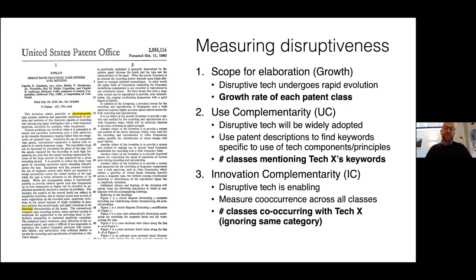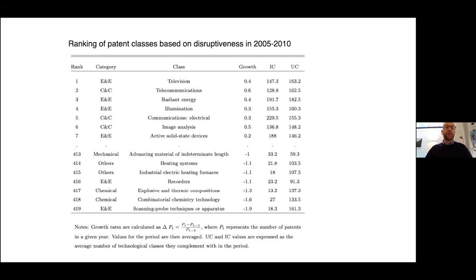And third, a disruptive technology should have high levels of innovation complementarity, meaning not just that it's used by other technologies, but that it enables innovations. Here we're measuring co-occurrence across patent classes. A class has high levels of innovation complementarity if lots of other classes outside of its category are co-classed with it. So again, we are ranking patent classes on the basis of their potential disruptiveness.